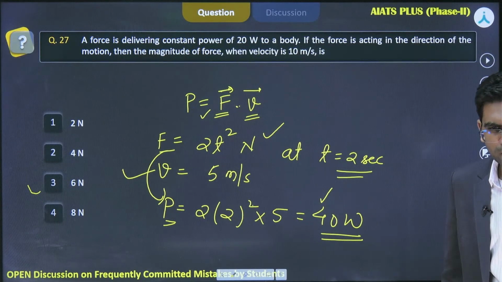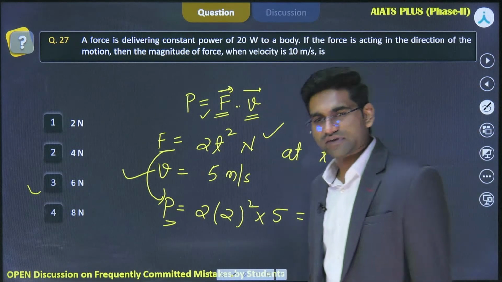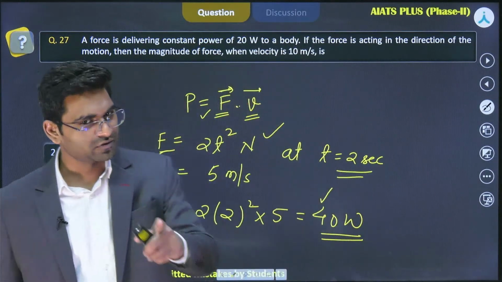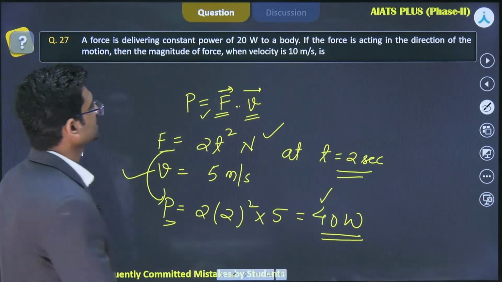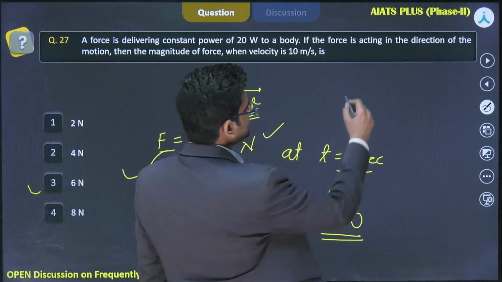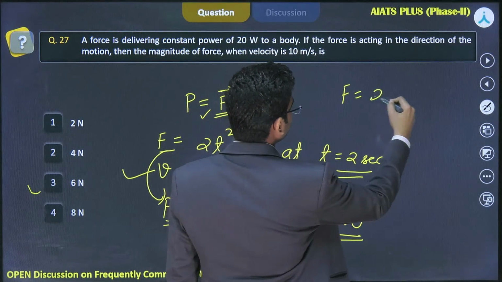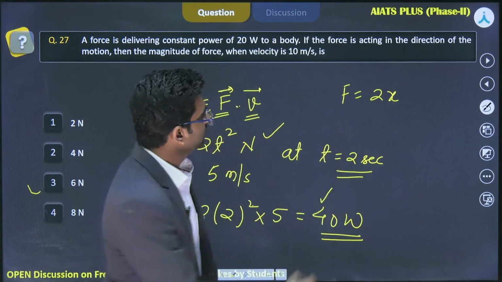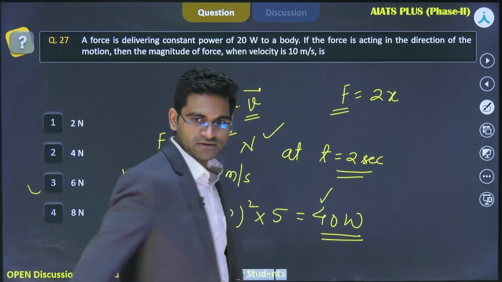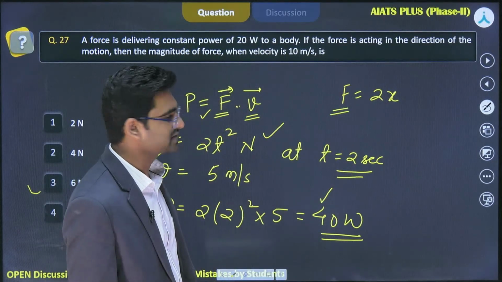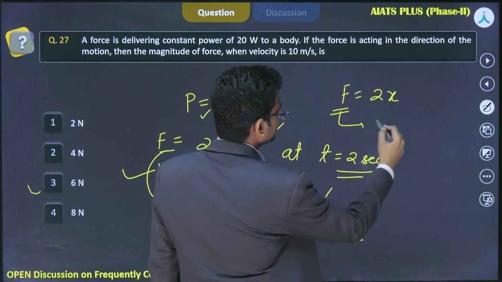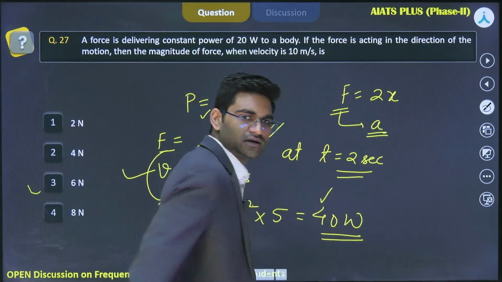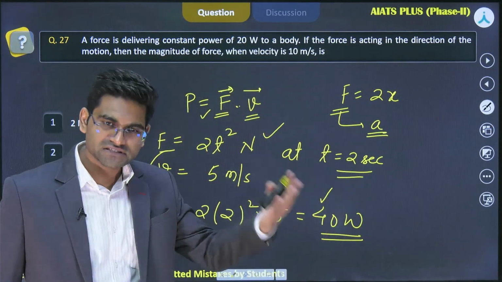Is it okay? F equal to 2x is variable, but it is not changing with time. How? See here, F is equal to 2x. If a force is present, force will give us acceleration, right? And because of acceleration, there will be a change in velocity.